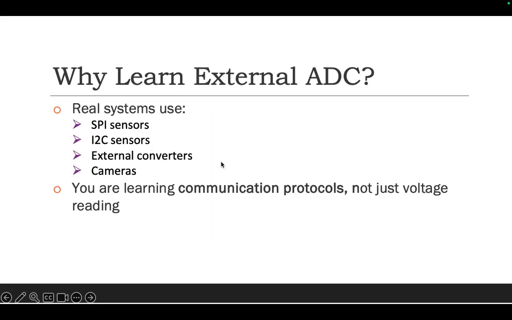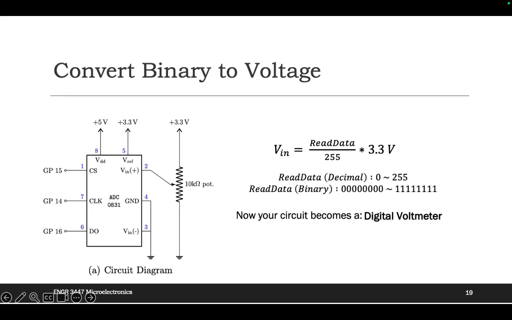Let's talk about why we learn the external ADC. Real systems will connect sensors. The Pico W maximum is 3.3 V, but in real applications the voltage is not only 3.3.